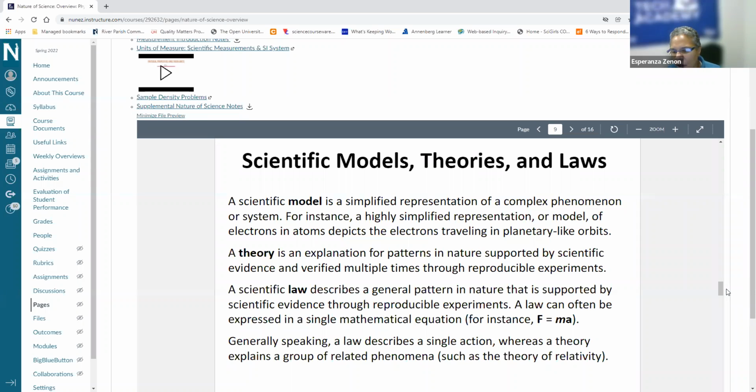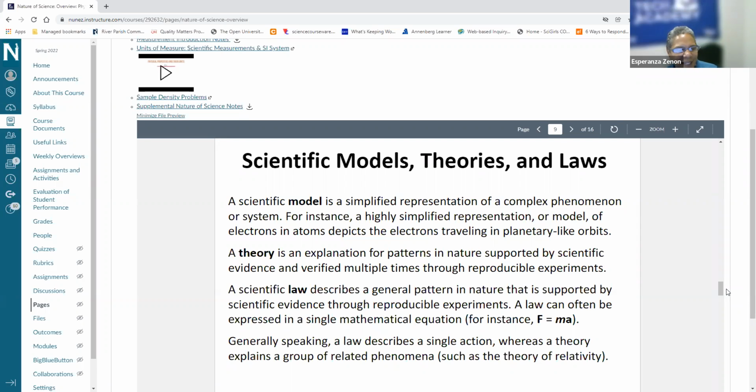A scientific law, on the other hand, is a bit more specific because it describes a pattern, one. And it is also supported by scientific evidence through reproducible experiments. But it's focused on a single kind of pattern, and we can express that utilizing a mathematical equation.